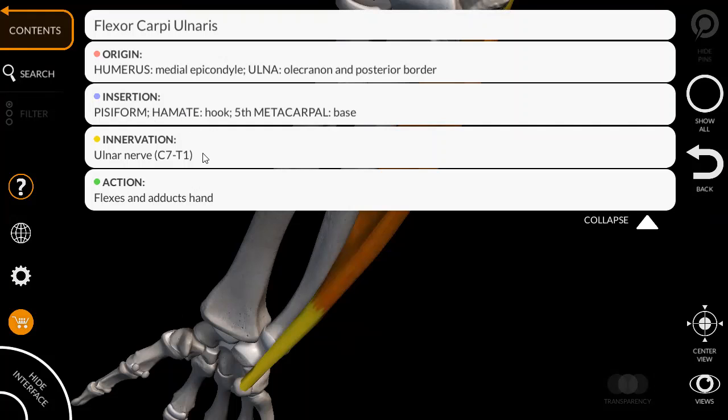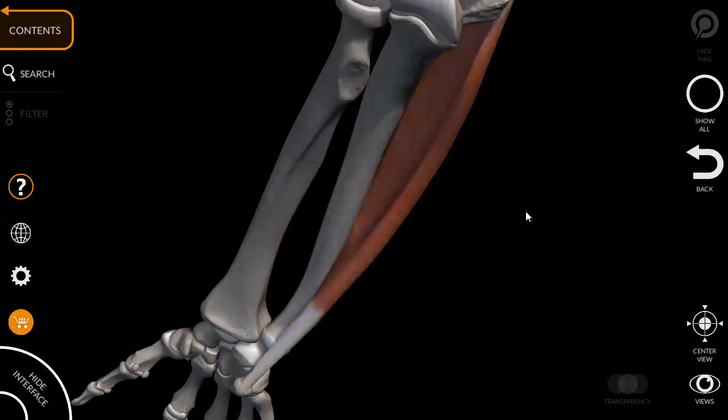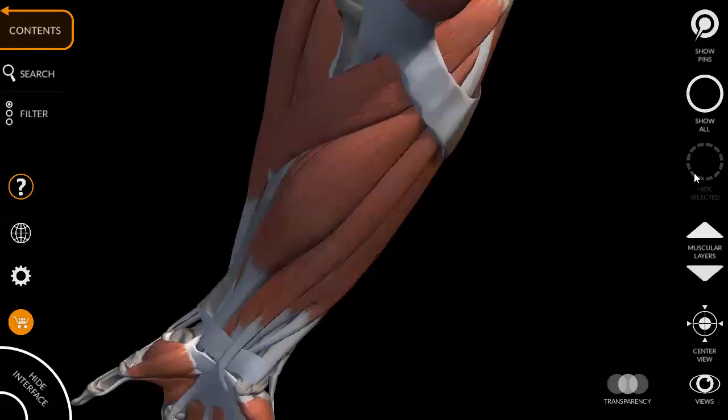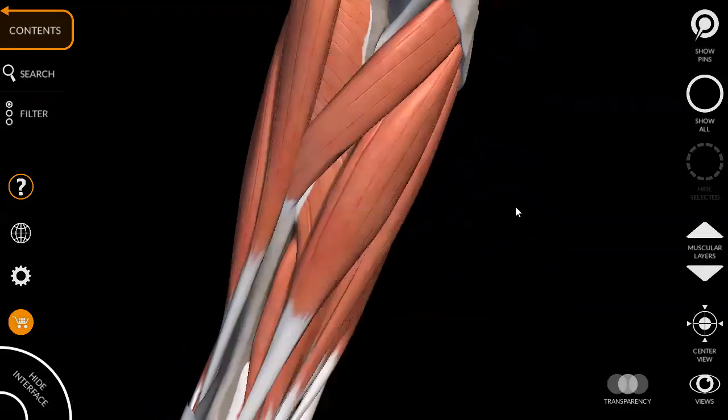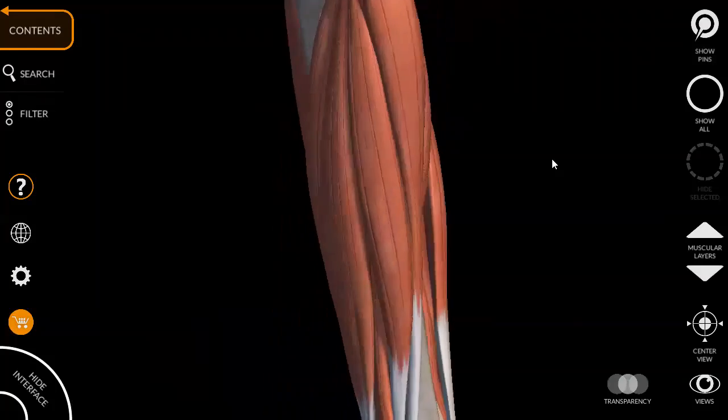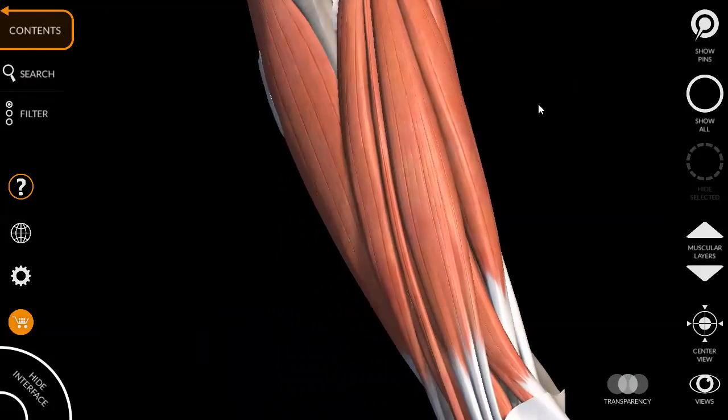Pisiform and hamate are supposed to be here, so just memorize it. It's a metacarpal bone. Okay, I think I have one more left here. What time is it now? It's 4:30. Okay.